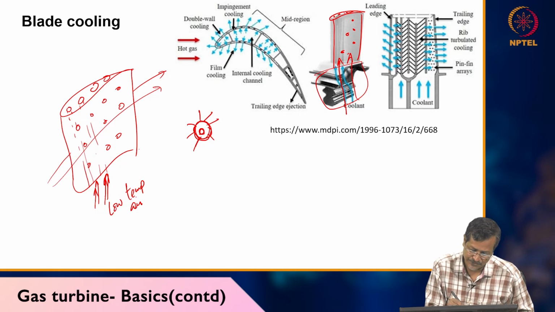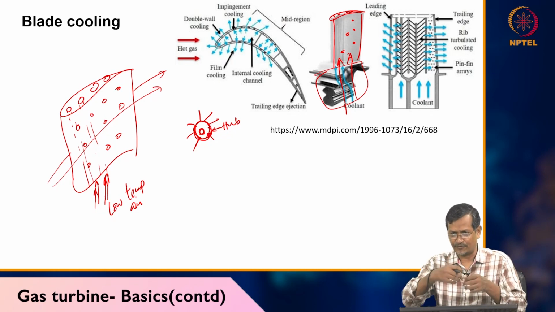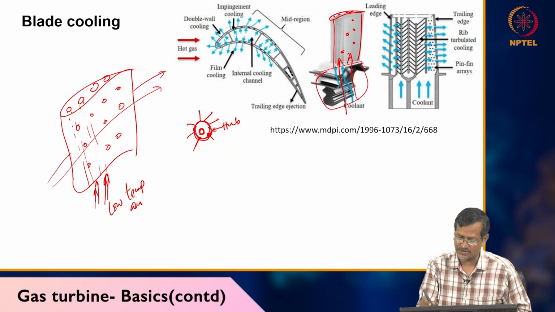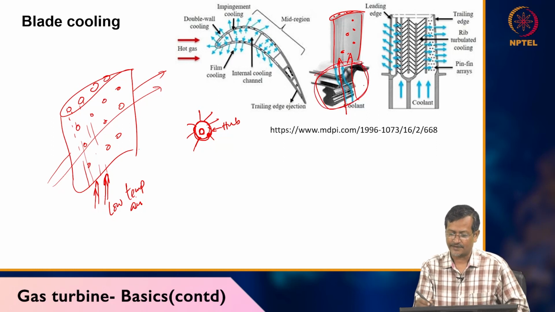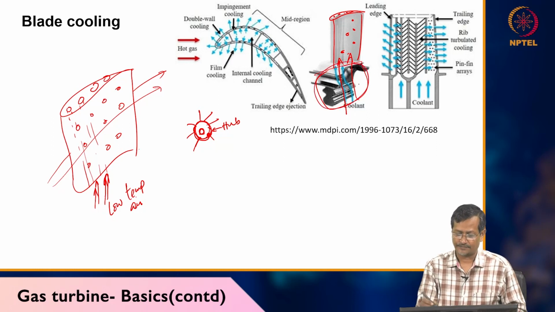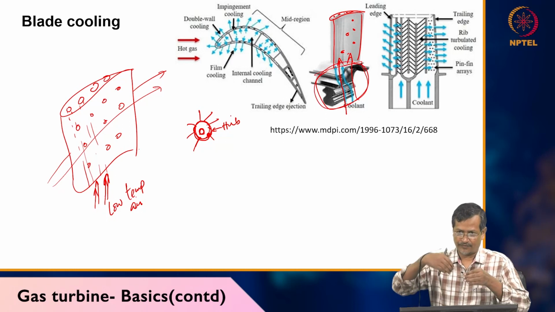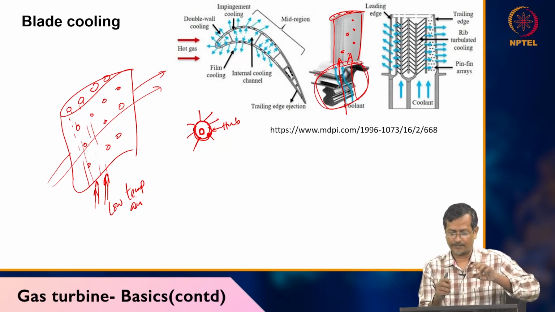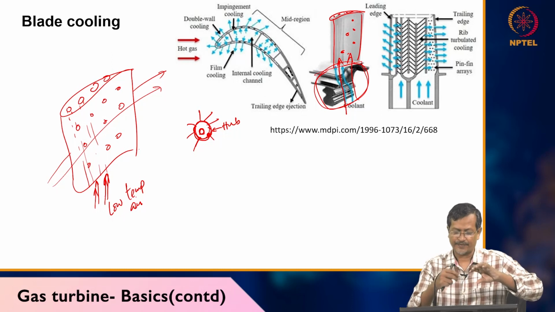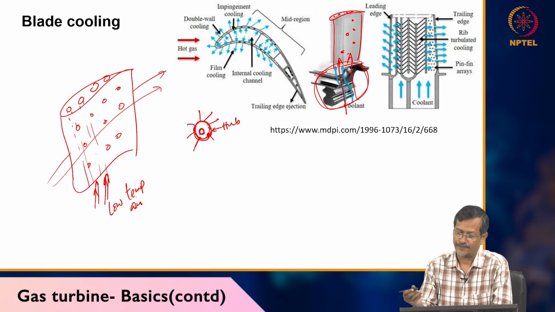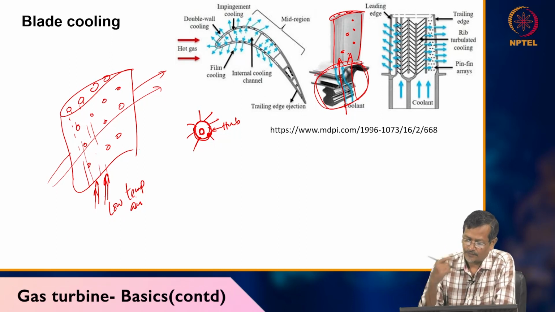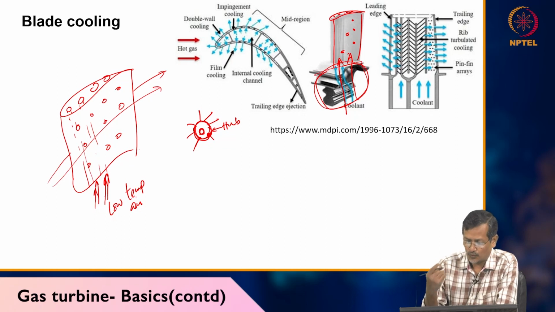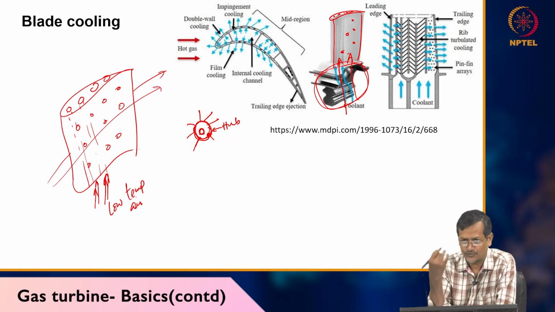This is called the hub. Between the hub and turbine blade there will be some fixing arrangement, so the blade you can replace and fix quickly also; that's why this specific arrangement is there. This is called the root. The blade will be fixed on the root, and when the shaft rotates, everything will be rotating together.